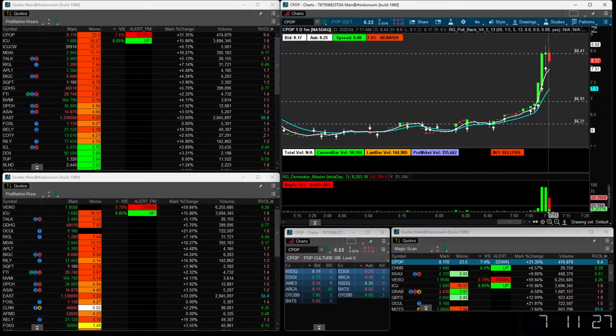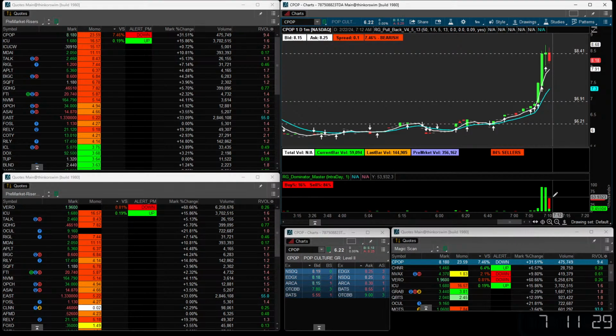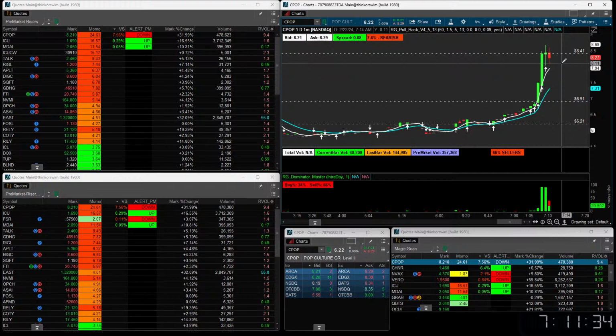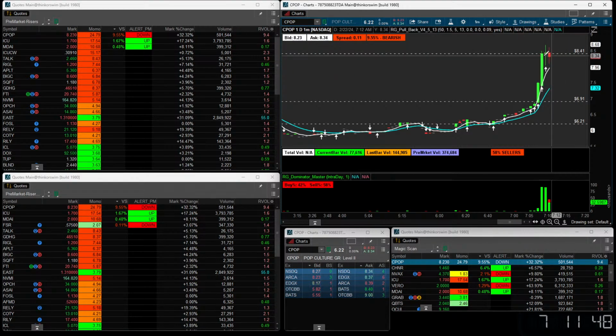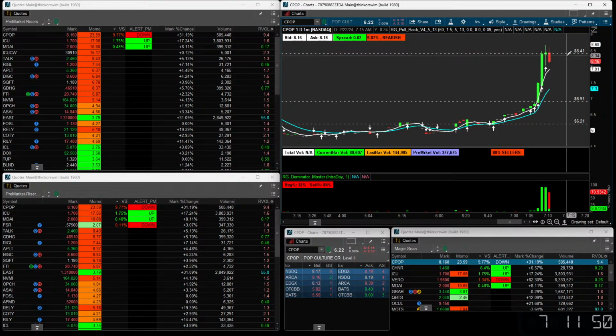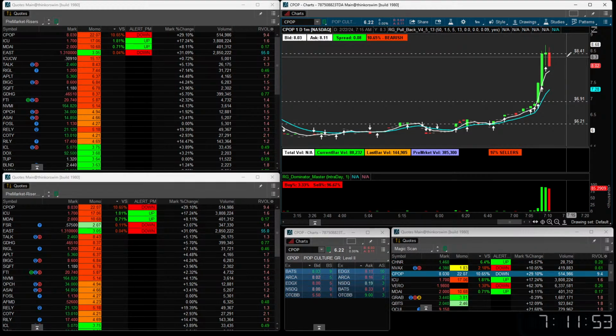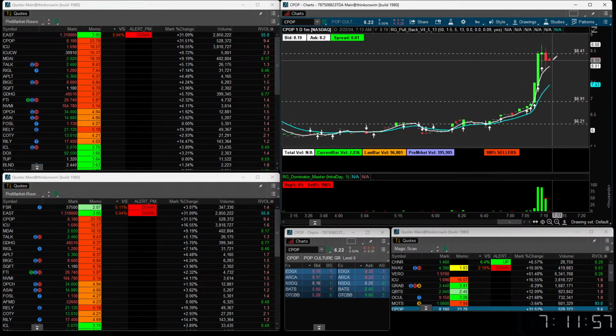Still watching the bars down here in Dominator Master. The buyers are keeping it up at this price level. They're not letting them sell it off. Now we're getting a pullback. Buyers came right back in and bought it up.